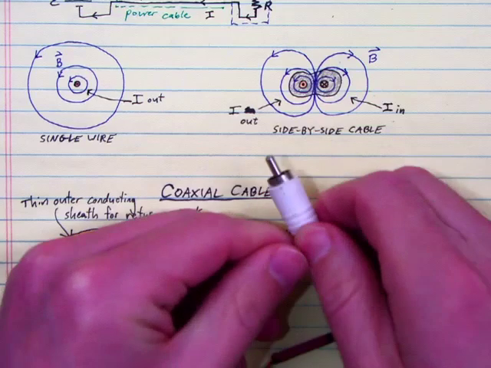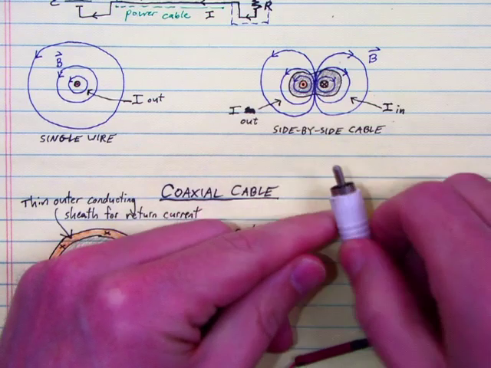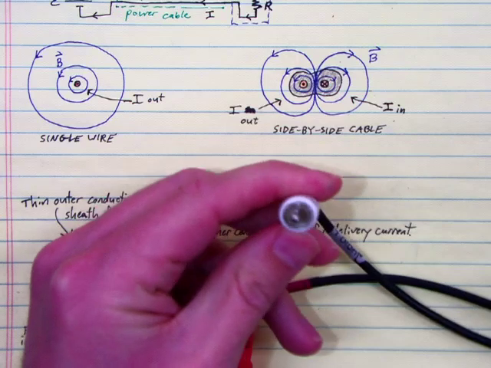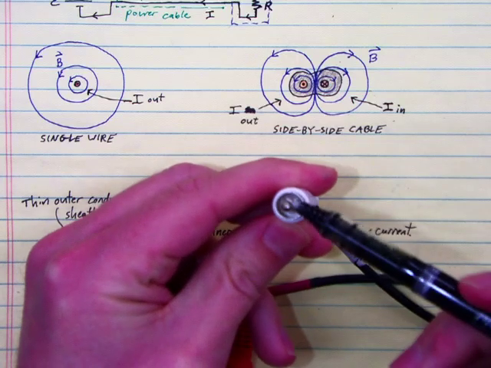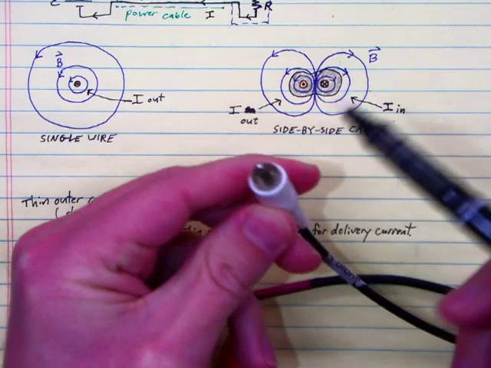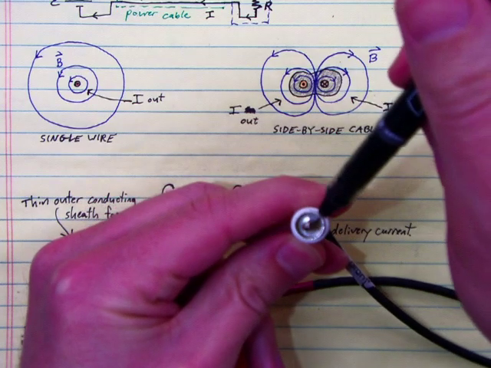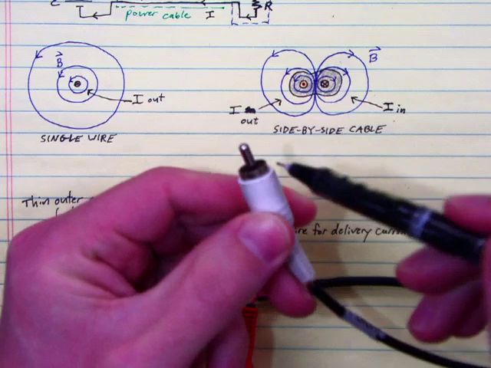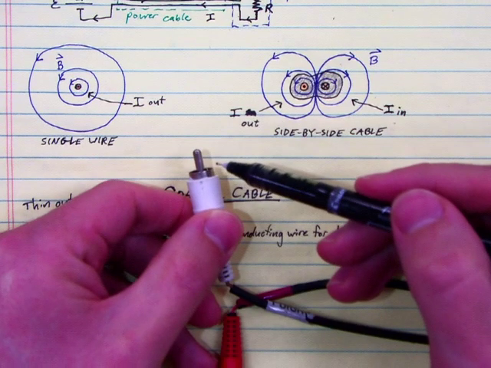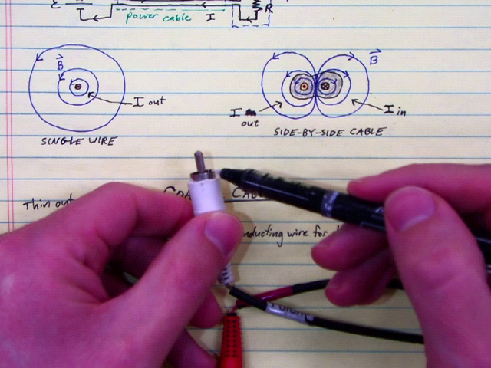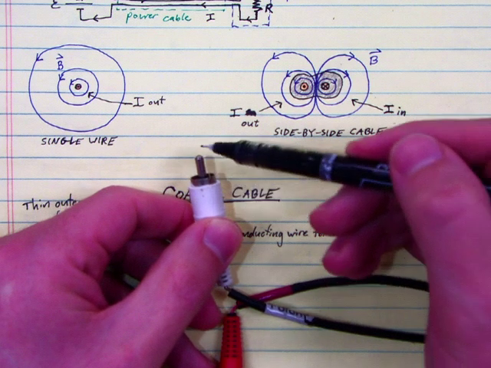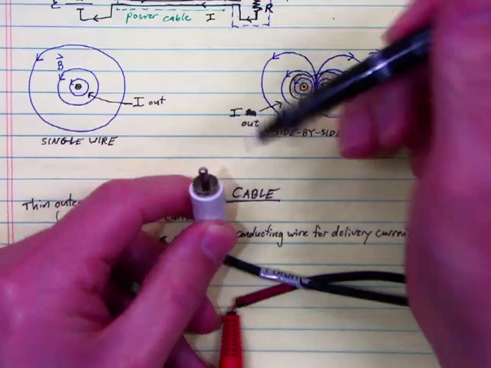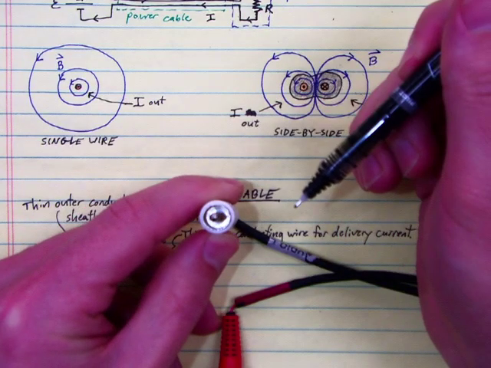Here we've got an example of a coaxial cable where there is an inner conducting wire surrounded by a layer of insulation inside there, and then an outer conducting sheath.